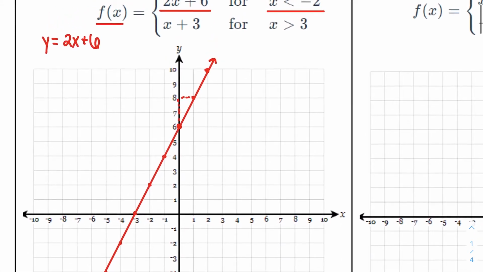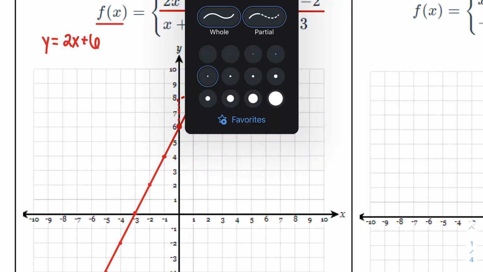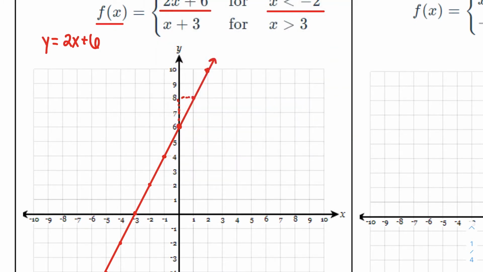But we look at the back half of this rule, for when x is less than negative 2. So we're talking about right here. This rule only applies when x is less than, specifically, negative 2.